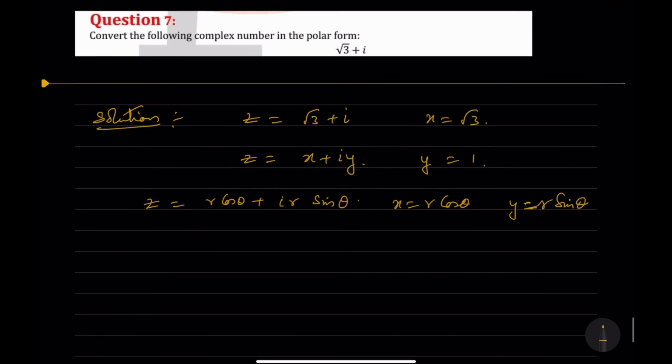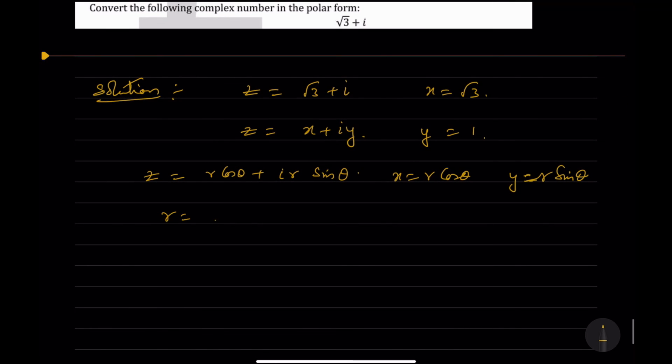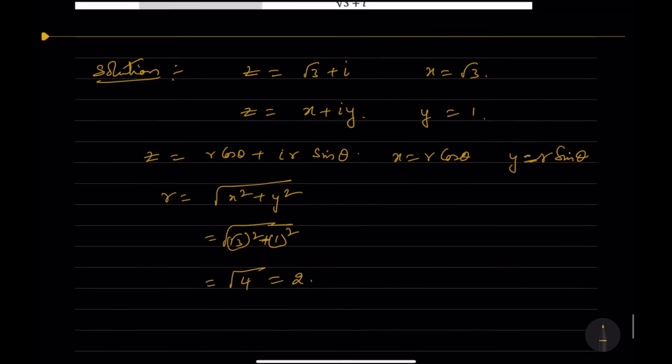First we'll find out what is r. r is equal to root of x square plus y square, which is equal to root of root 3 whole square plus 1 square, taking x and y from this, which is equal to root of 4, which is equal to 2. So r is equal to 2 we got now.